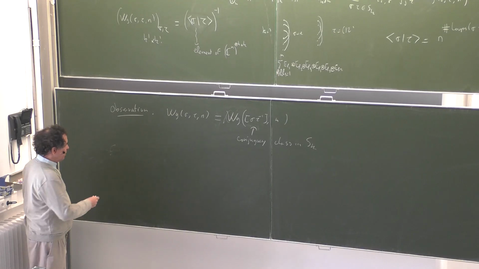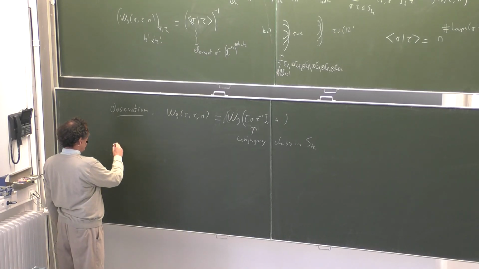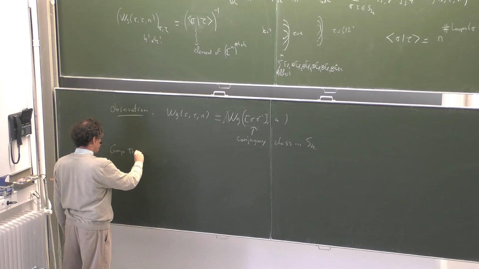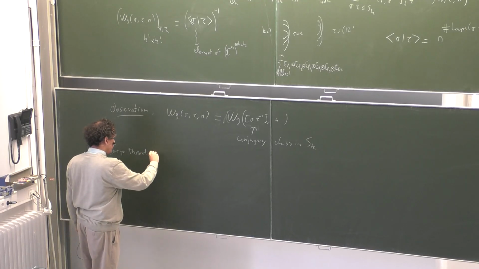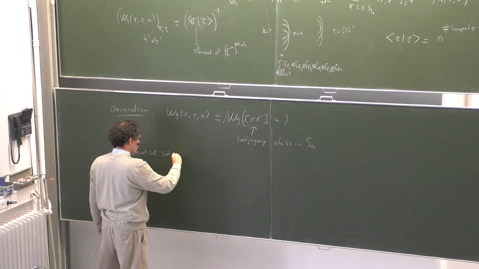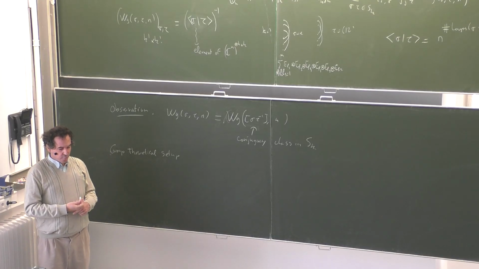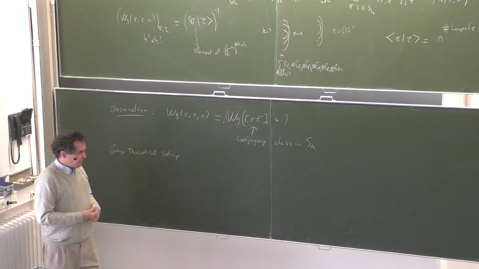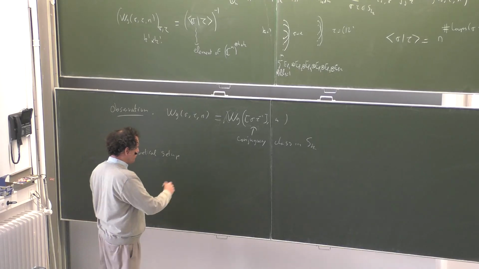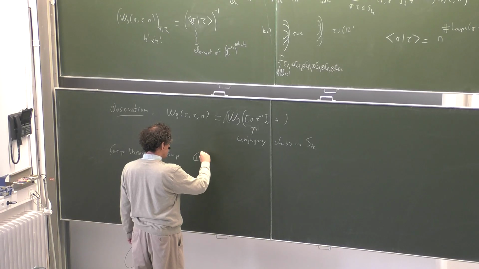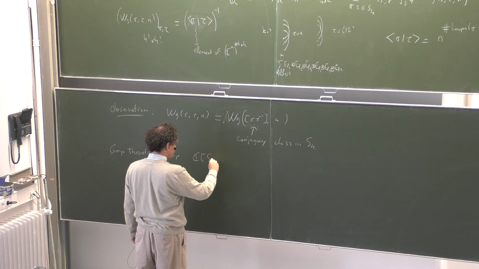There is a little bit of work to be done here, and if I write it in a group theoretical setup, it would be nice to use the notion of convolution over a group. I am more used to using the group algebra notation, so this is what I'm going to do. I'm taking C of S_k.